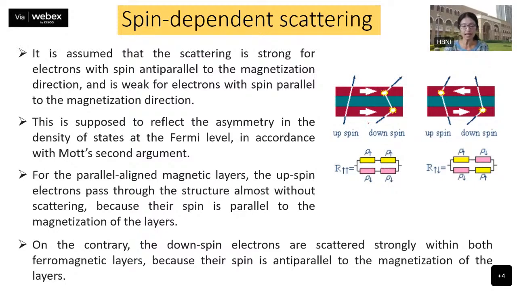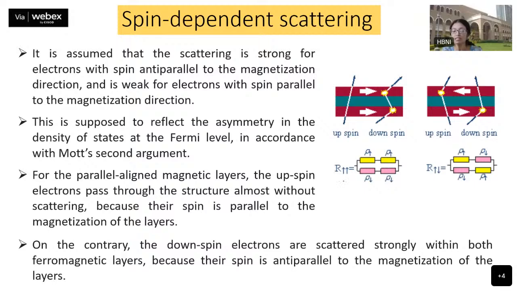If you have a parallelly aligned magnetic layer, then the upspin electrons are going to pass very smoothly, but the downspin ones are going to be scattered. This is because of the assumption that the scattering is strong for electrons with spin anti-parallel to the magnetization direction. So the upspin one passes smoothly, whereas the downspin has a lot of scattering, because its spin is anti-parallel to the magnetization of the layers.